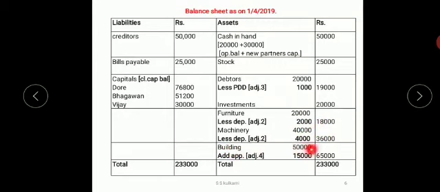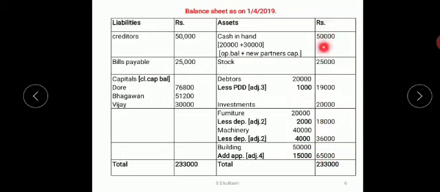Building is 50,000. Then we have increased building by 15,000. So when revaluation was done, the building was increased. Value of building is increased by 15,000 rupees. So 50,000 plus 15,000 gives me 65,000.